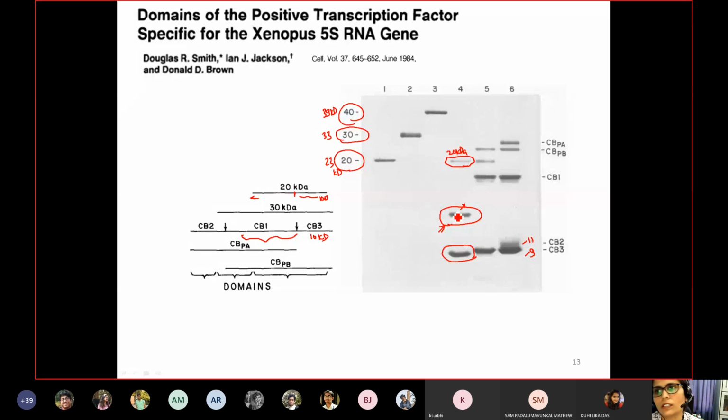Aishwarya, yes, go ahead. Ma'am, regarding that only, is some dimerization or aggregation happening there? Dimerization. If there is a dimer for this one, that means it will run at completely double the position, isn't it?